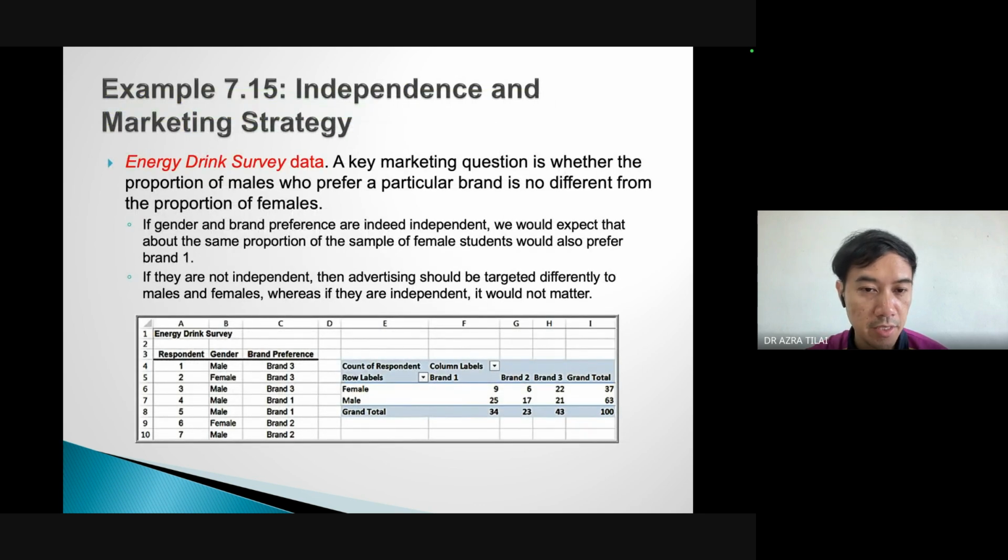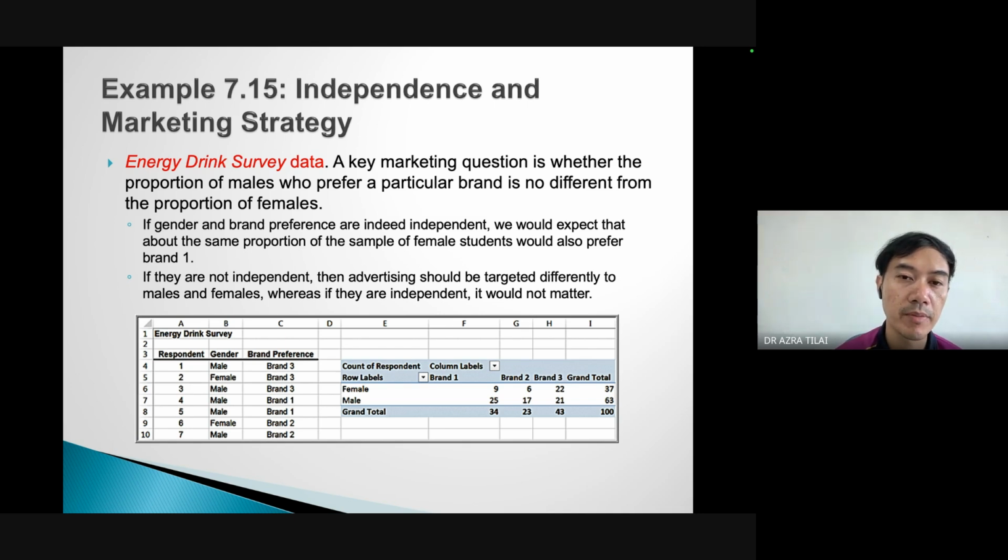Okay, so we look at this example. We have a gender, which is male and female, and we want to find out the brand preference. We have a data called energy drink survey data. A key marketing question is whether the proportion of males who prefer a particular brand is no different from the proportion of females.